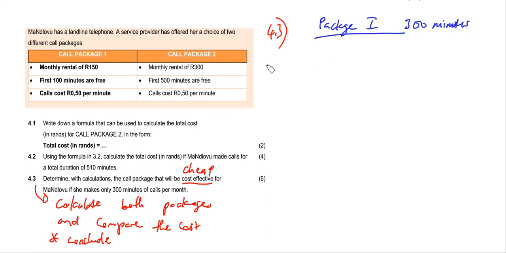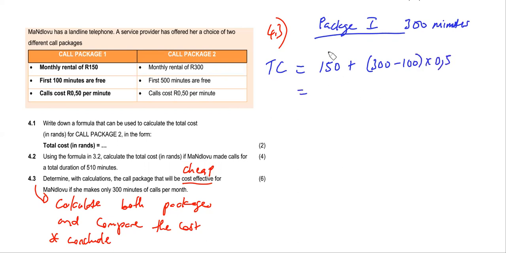On package 1, 100 minutes are free. So the total cost will be the fixed cost, which is 150, plus 300 minus 100, because it's 100 free minutes, times 0.5.